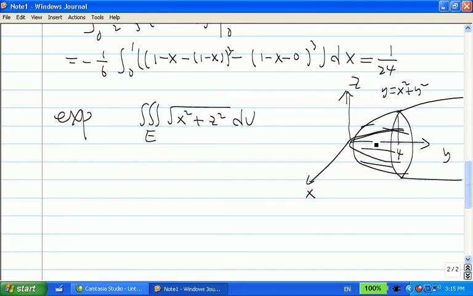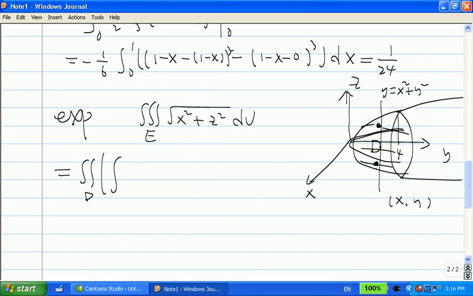So this parabola will be the region D. Let me write this. So this triple integral can be written like this, over D. Then you fix a point here, go up, and find that your z is bigger than the point you hit on the bottom surface and less than the point you hit on the top surface. So you have to figure out what the bottom surface is and what the top surface is. For given xy, we want to find z. Obviously, this point is on this paraboloid.